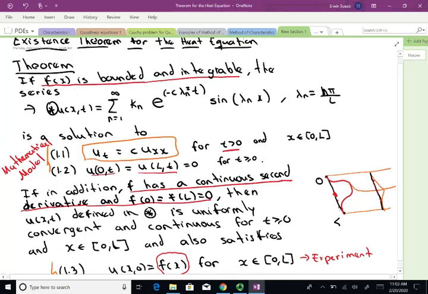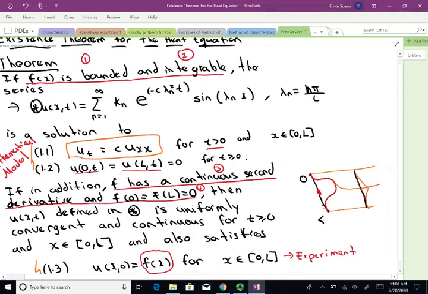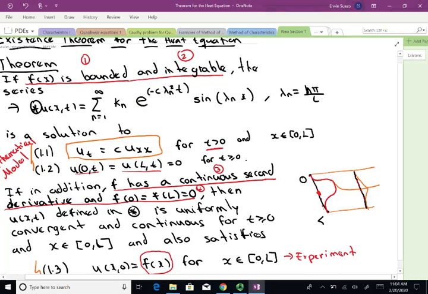So we have one, two, three, and four properties for f. So f must be bounded and integrable. f must have a continuous second derivative. So that means you can find the second derivative of f and it is continuous.